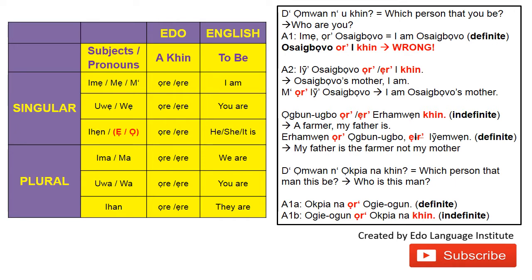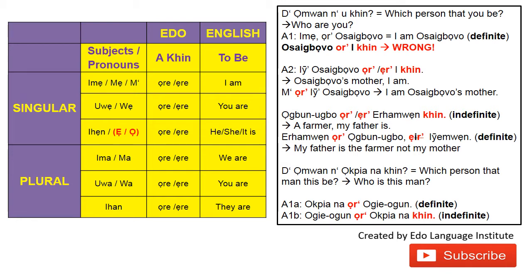Again, it contracts because we have two vowels there. So we're gliding from one vowel sound to another. And so we apply the rule of contraction there. And then we have ie, oi, or ie, a.